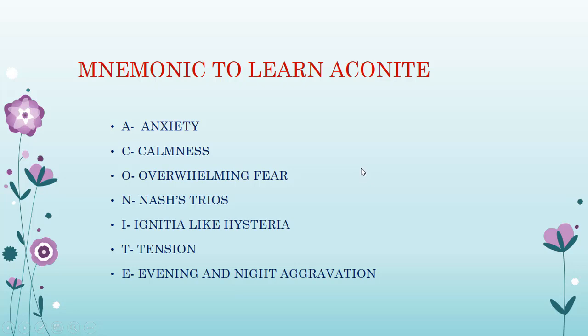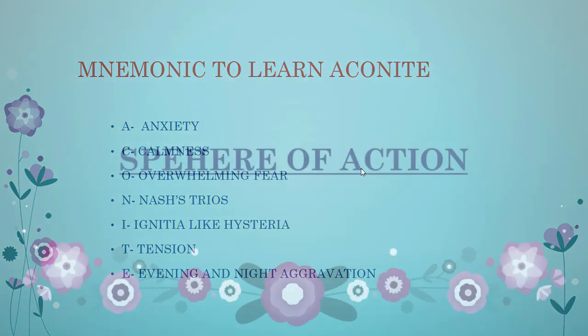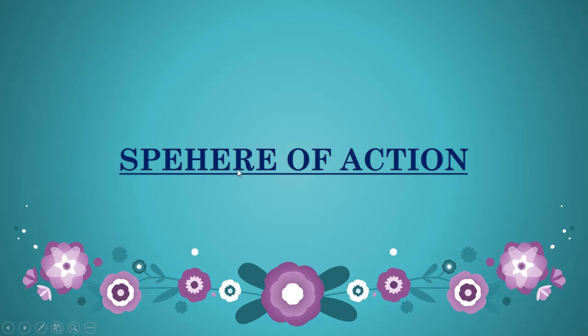Now, we will discuss the sphere of action of Aconite Napellus on the human body. Aconite has 9 special centers of action, and they are heart, circulation, temperature, CNS, mucous membrane, stomach, lungs, tendons and fibrous tissues, and serous membrane.